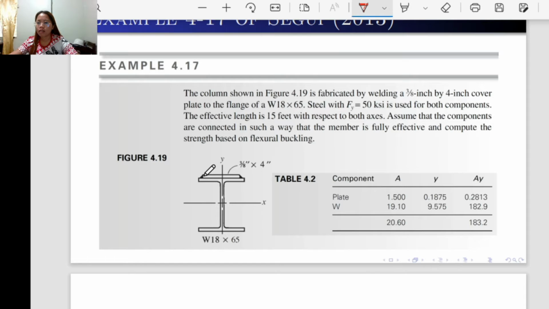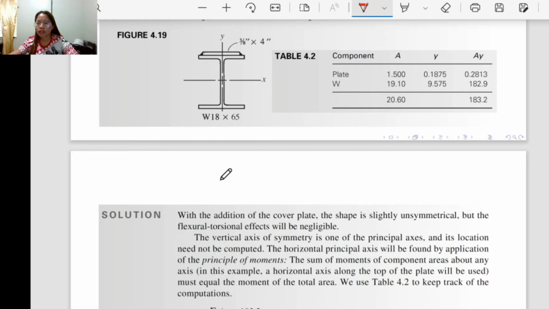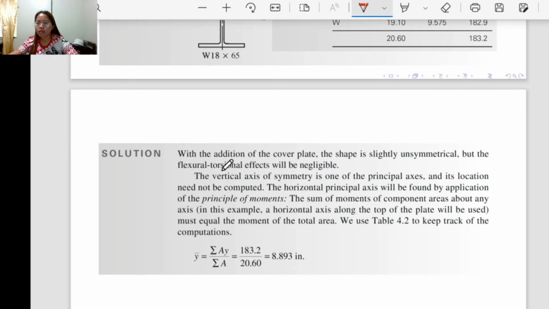You added the plate, so it became unsymmetrical, but because of this addition of plate, the flexural torsional effects are negligible, so it does not need to be accounted for. The vertical axis of symmetry is one of the principal axes and its location need not be computed.